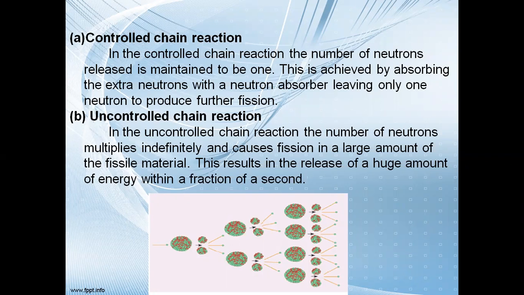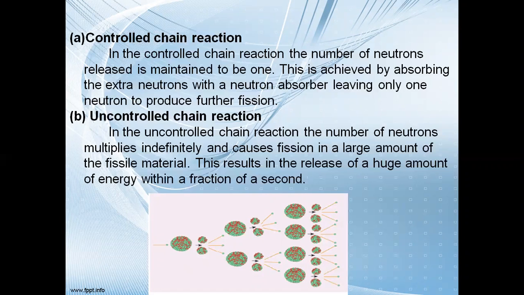So during the fission process, many neutrons are released, but for the next fission only 1 neutron is released. The remaining neutrons are absorbed by a neutron absorber. This is the controlled chain reaction.